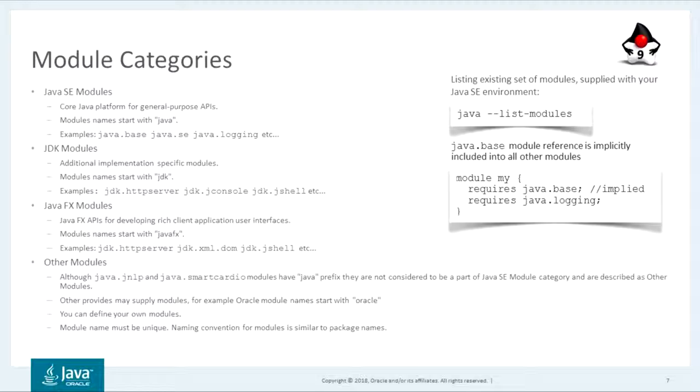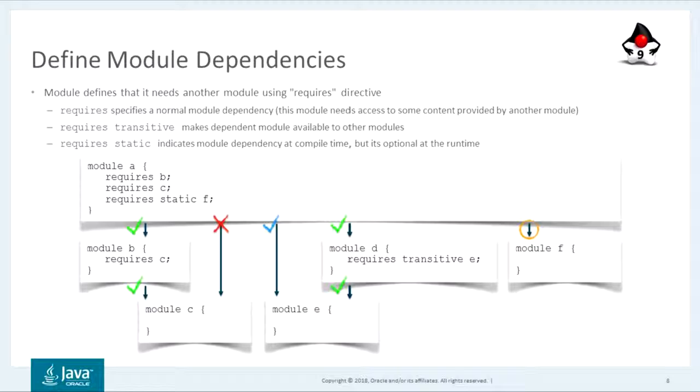As for any other modules, which other modules do you require for your module, for your program? Well, you list them with requires, and write what other modules you want. Now, let's look at how to define module dependencies. You probably figured out that it's done with the requires keyword.